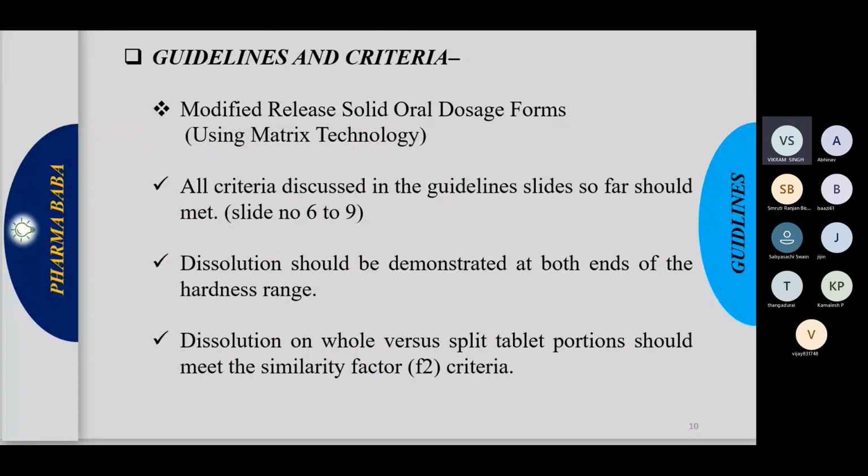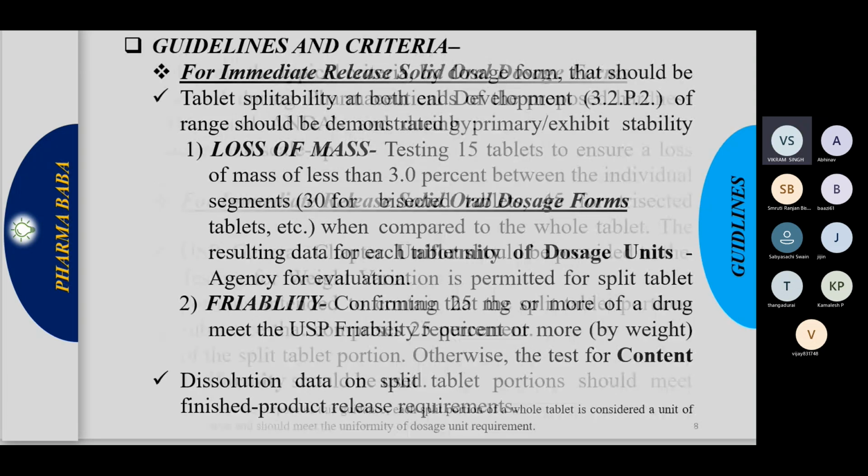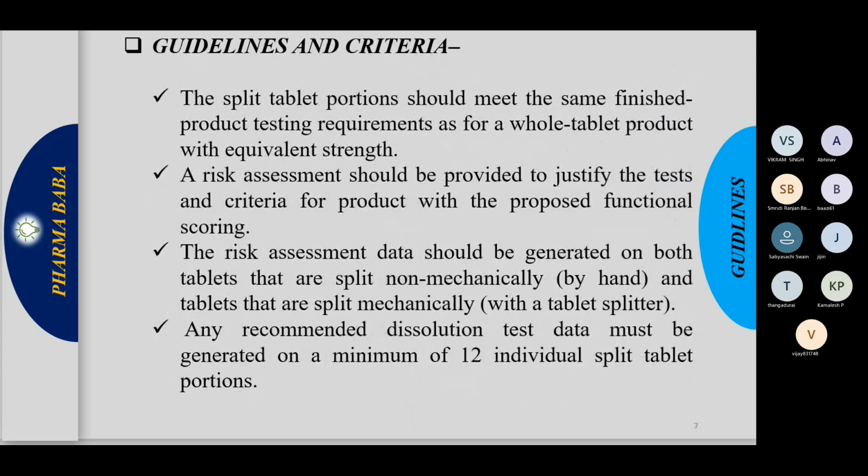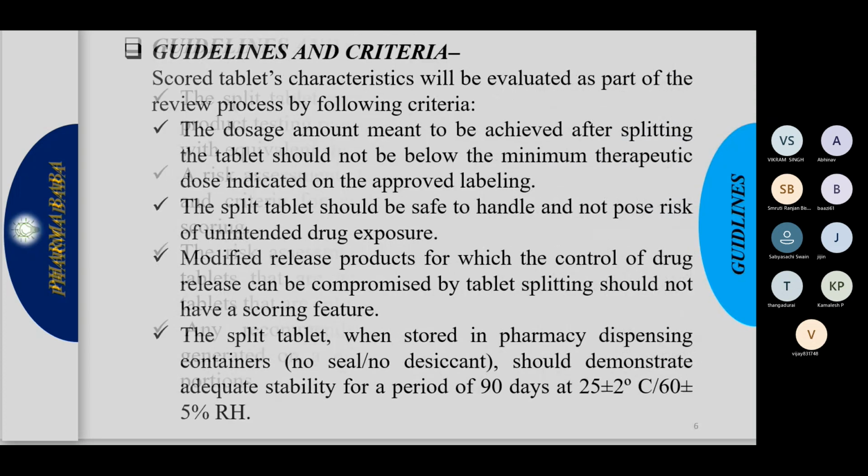Now for the modified release dosage form. First, modified release dosage form using matrix technology, where drug release is controlled by a matrix. For that type of modified release dosage form, all the criteria listed above, from 6 to 9, whatever we discussed, apply. From here, stability you need to perform.